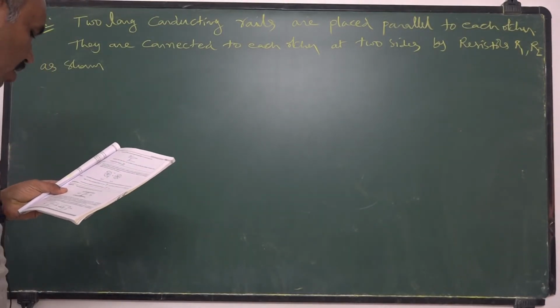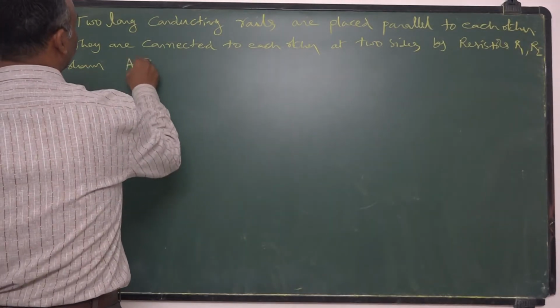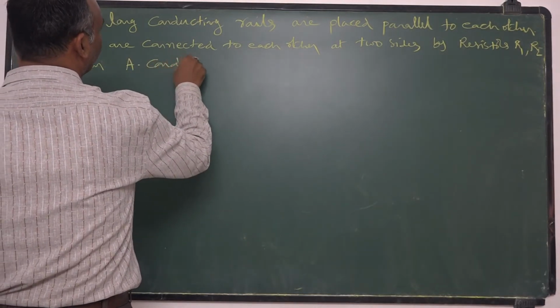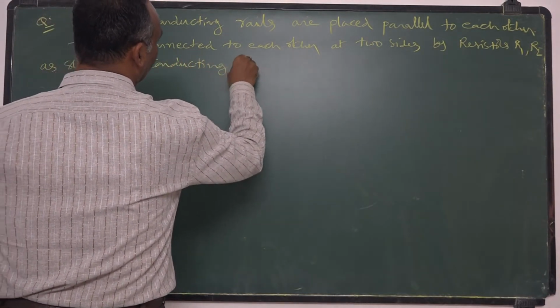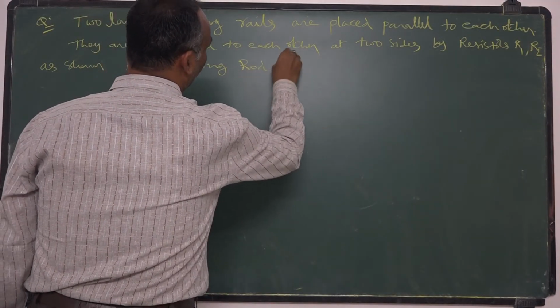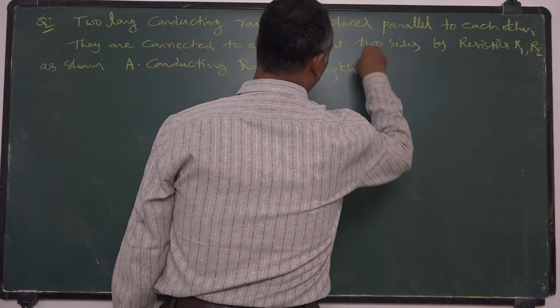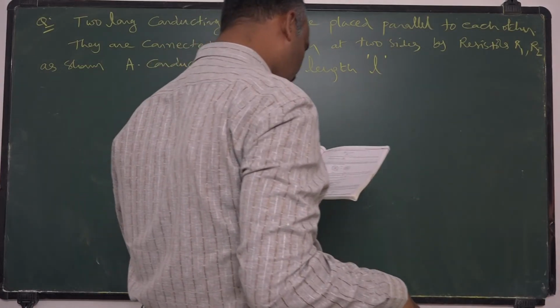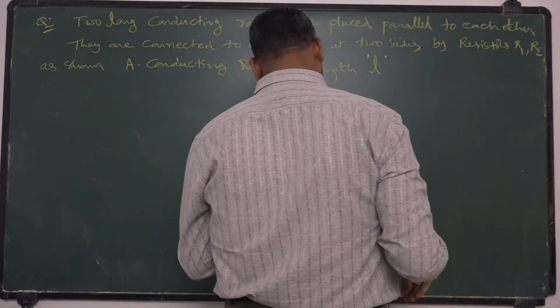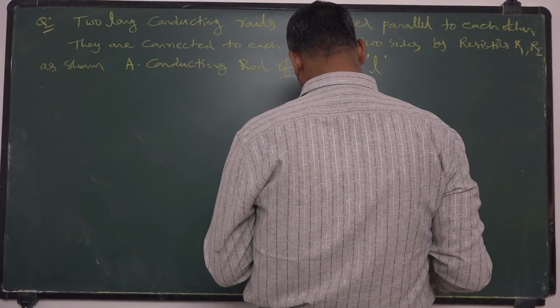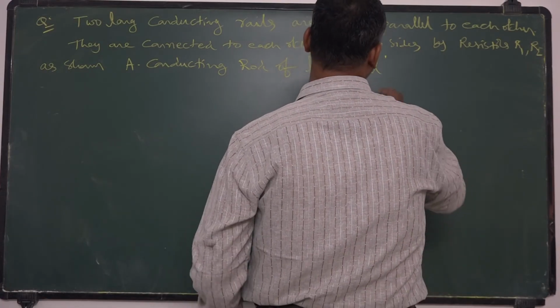A conducting rod of length L is placed on the rails.